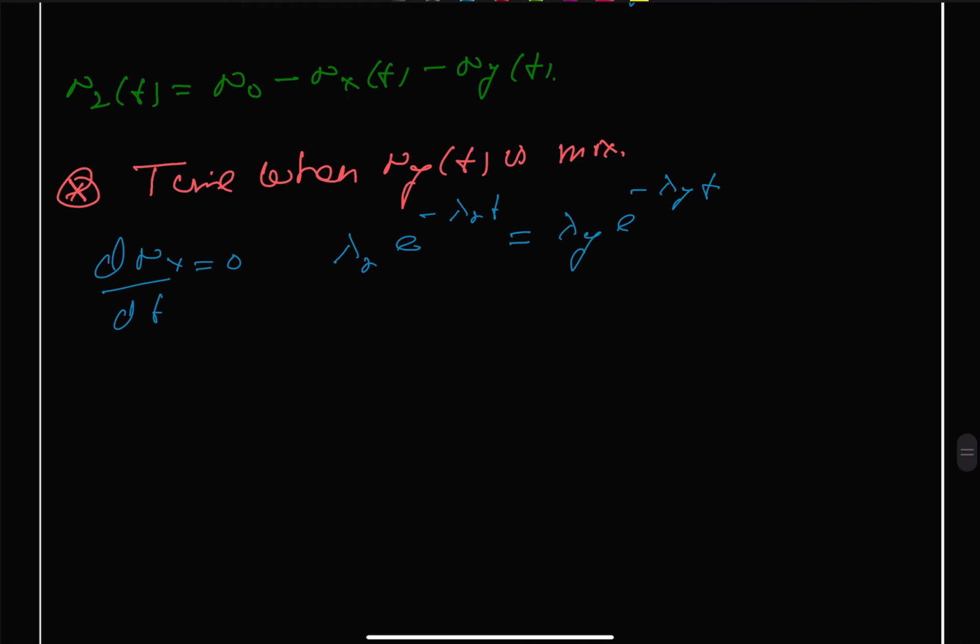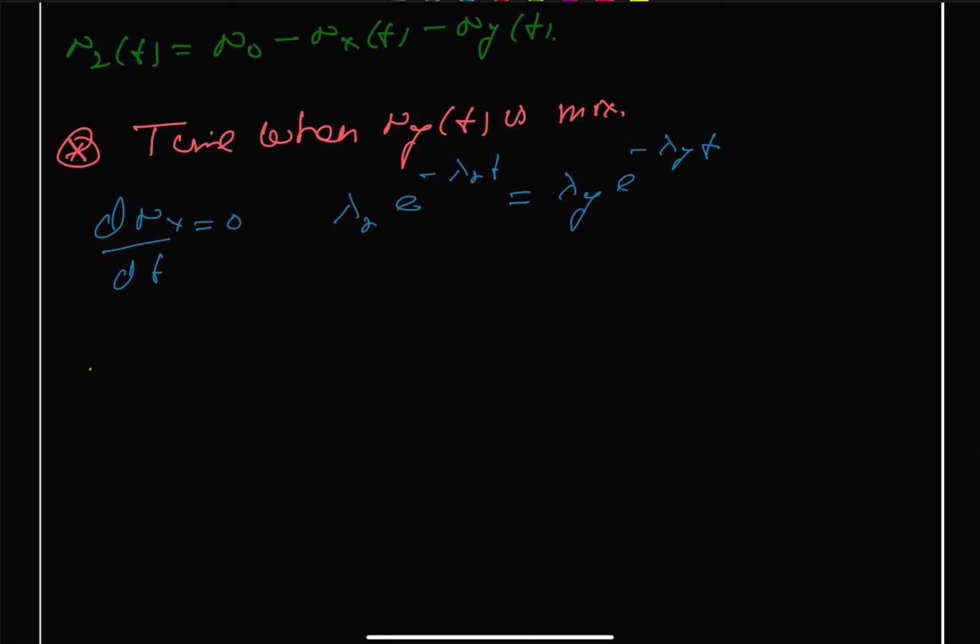And if we take natural log of both sides, we get natural log of lambda x minus lambda x t will be equal to natural log of lambda y minus lambda y t.